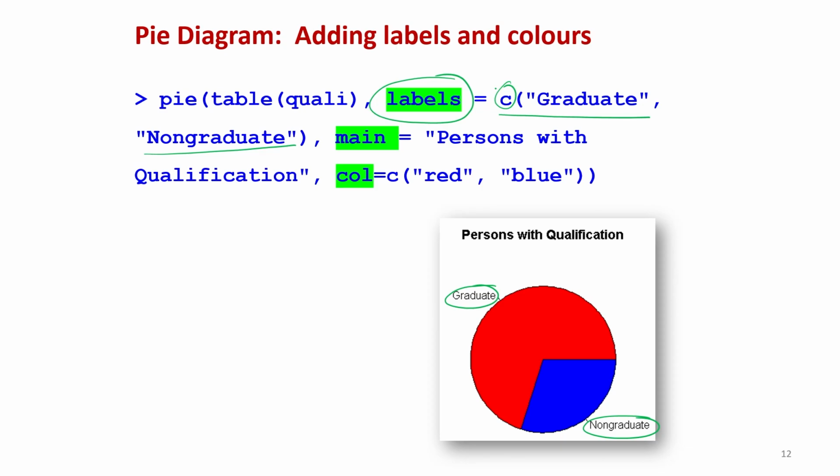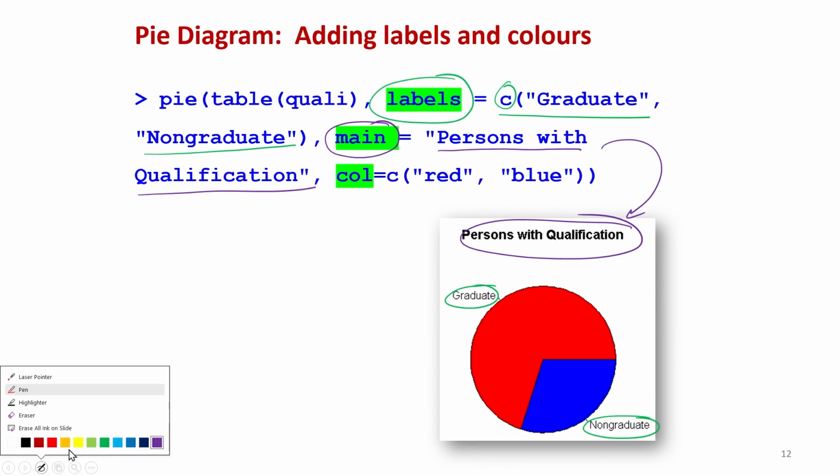Similarly, if you want to have a title like persons with qualification, then you use the command main, and you write the title within double quotes, persons with qualification, and this will come here.